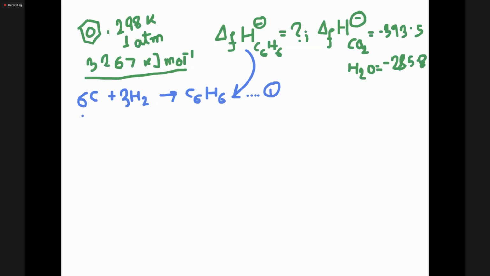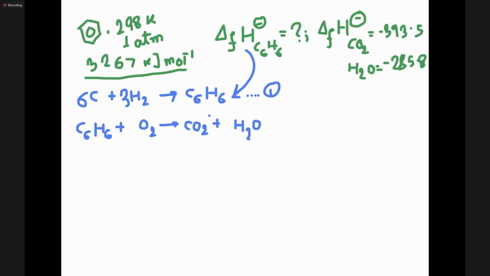We will write C6H6 plus O2 produces CO2 and water. It is very evident that a hydrocarbon, if combusted in air, will produce carbon dioxide and water.